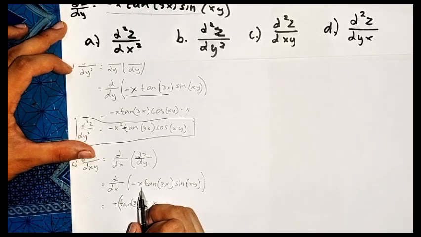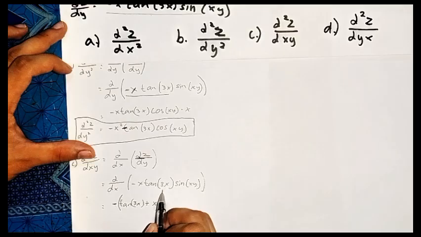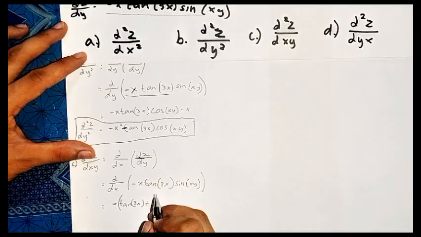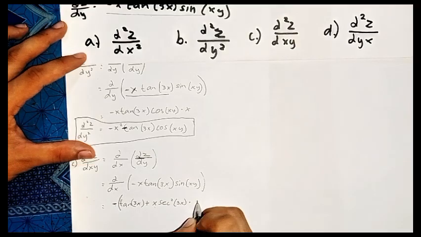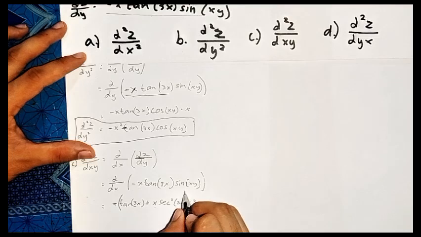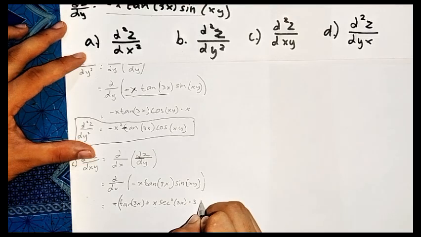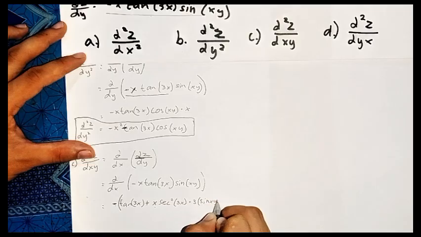The derivative of x is 1, so tan 3x plus copy the x. Then the derivative of tan 3x is secant squared 3x. Then the derivative of 3x with respect to x is 3. Copy the sine xy, so we multiply.